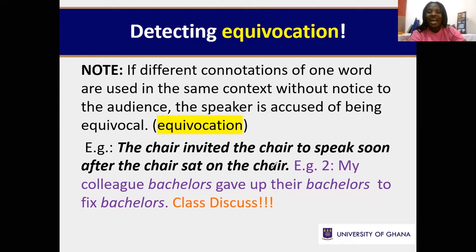So obviously the last chair there is the wooden structure, but the first three chairs keep oscillating between chair as the head of an institution and chair as someone who administers the affairs of the meeting. Then we see the third one, which is the furniture chair.